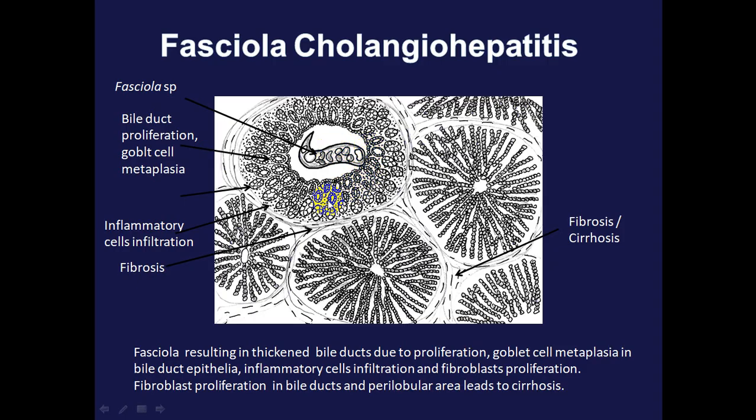the fasciola will also stimulate the bile duct tissue to proliferate. Okay, and then the bile duct tissue will also produce more mucus, so you will find many goblet cells in the bile ducts, in the thickening bile ducts, and then there you can see also thick layers of fibrous tissue.